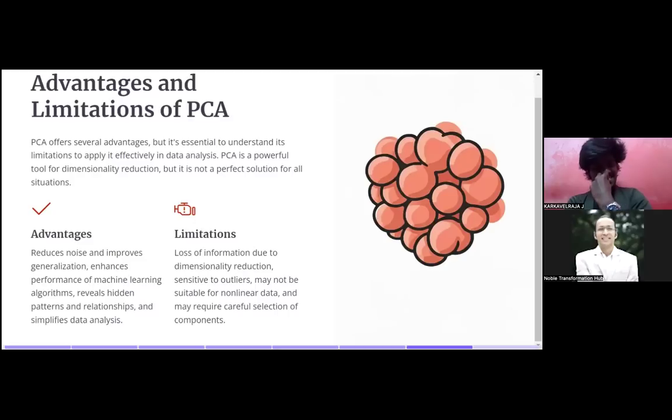It may not be suitable for non-linear data. It usually works for linear data. Linear comes from line, which is simple. And it may require careful selection of components. We have to carefully select the components of PCA, otherwise it will have limitations.